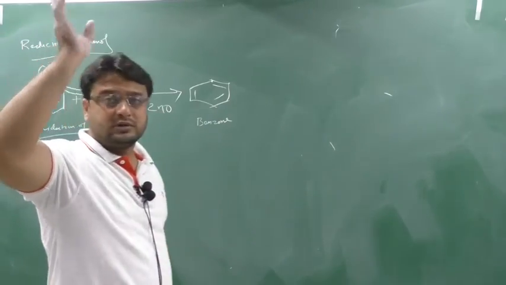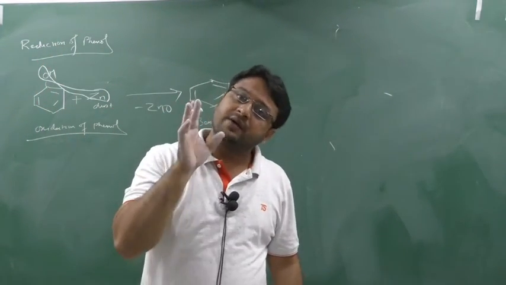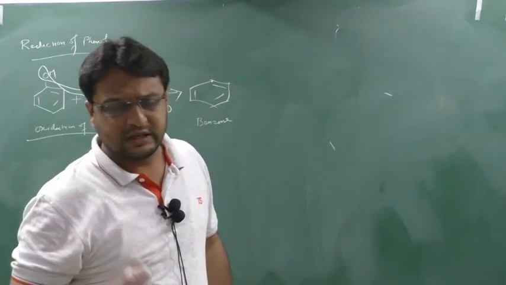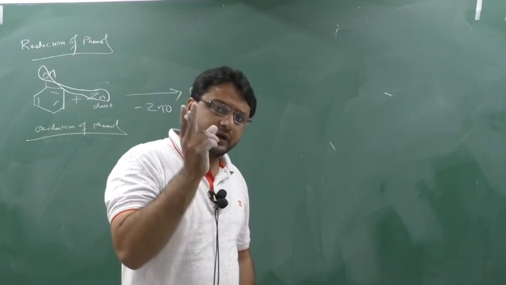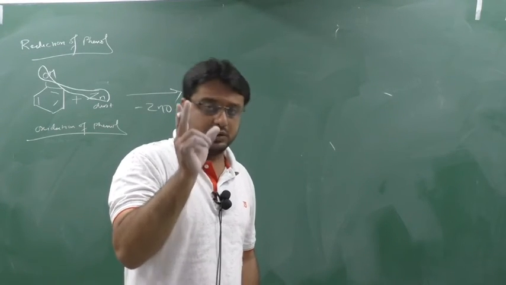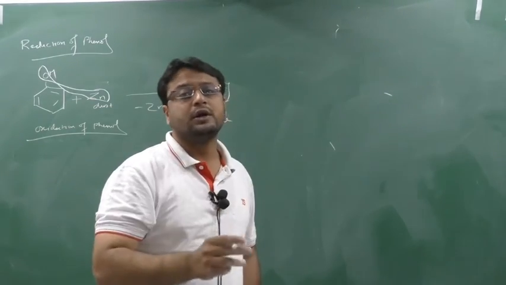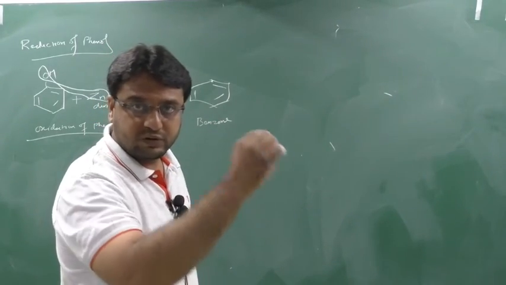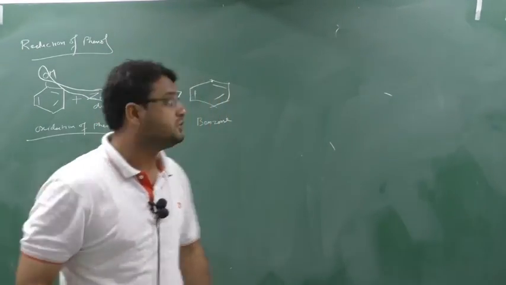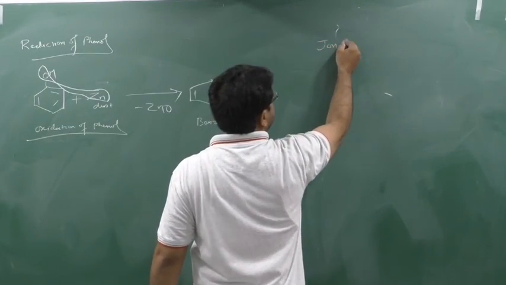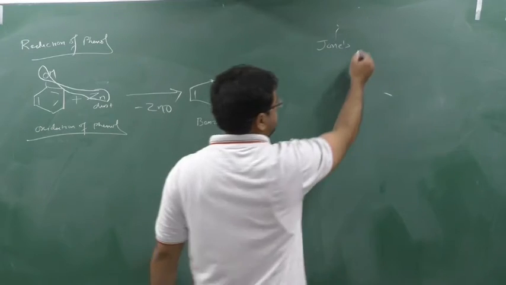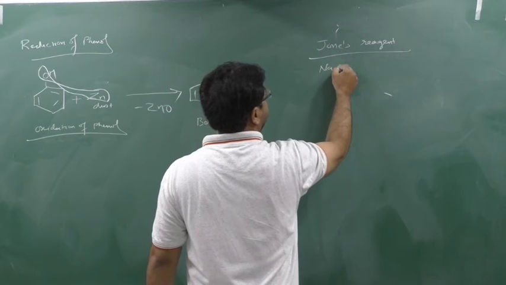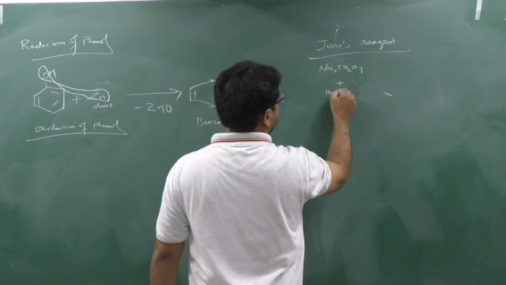You can see the previous videos on oxidation of alcohol, where aldehyde and ketone were prepared. That combo, Na2Cr2O7 and H2SO4, is known as Jones reagent. Which reagent? Jones reagent. Not John Abraham, Jones reagent.